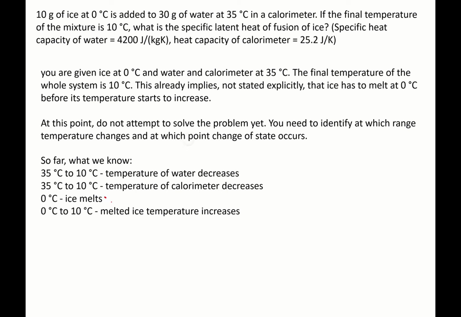At 0 degrees Celsius, ice melts, and this is where change of state occurs. This is where you have to find the specific latent heat of fusion of ice. And after it melts, the temperature has to increase to 10 degrees Celsius. That's why the final temperature of the mixture is 10 degrees Celsius.